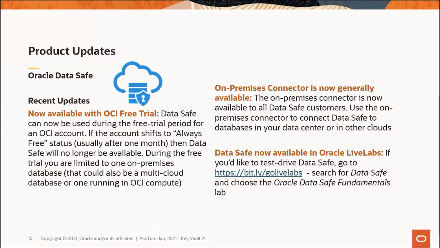So if you want to play with DataSafe in a guided fashion where you get to exercise all of the features, if you go to Live Labs and search for DataSafe, you get a great walkthrough of the product. Or if you have friends or maybe you're part of a user group and you'd like them to have a chance to try it, the combination of DataSafe available in Live Labs and DataSafe working with free trial editions means this has never been easier to do.